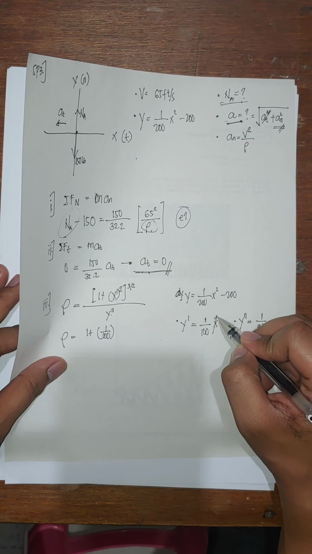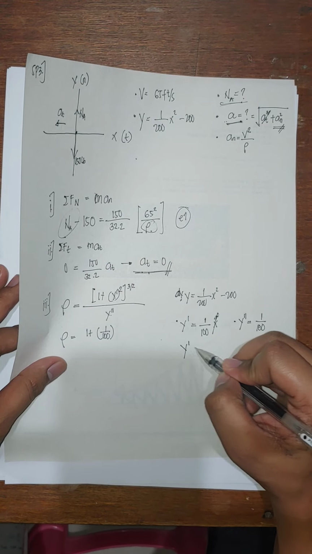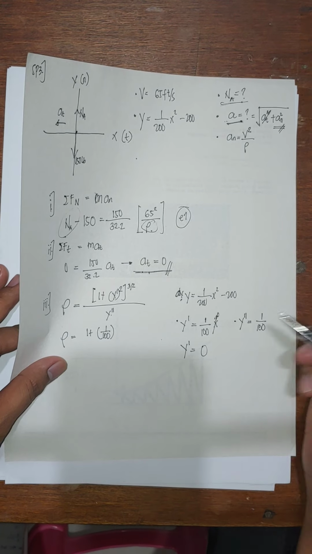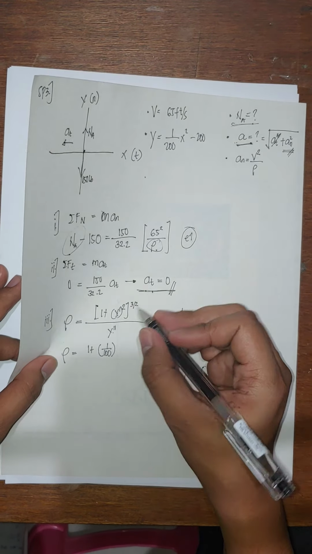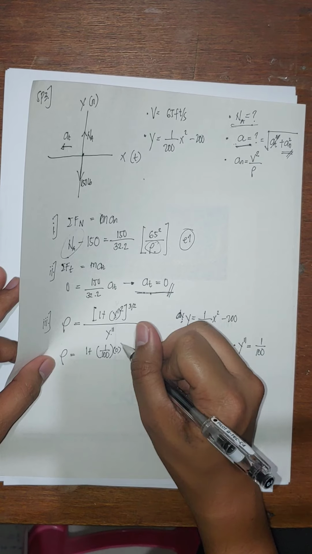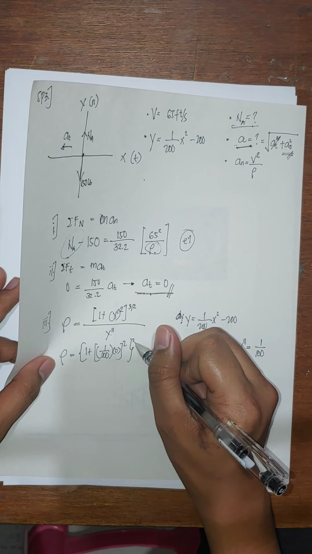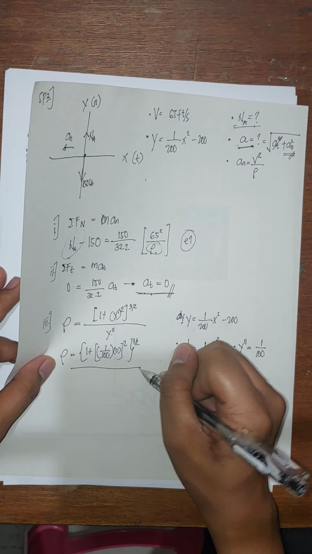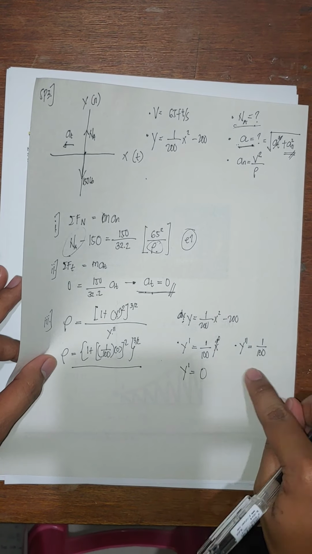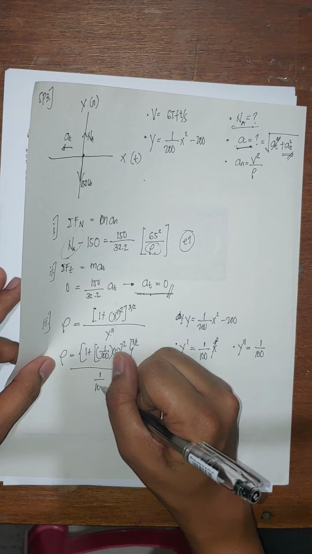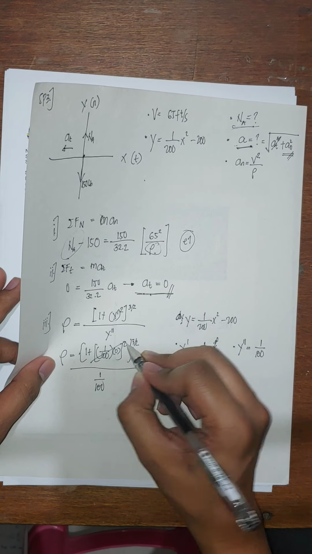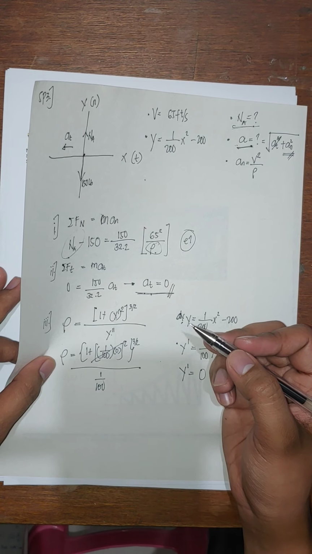If the x is equal to 0, then atong first derivative is just equal to 0 when x is equal to 0. So that is just times 0 squared, then raised to 3 halves all over the second derivative 1 over 100. So automatic, this is already 0.